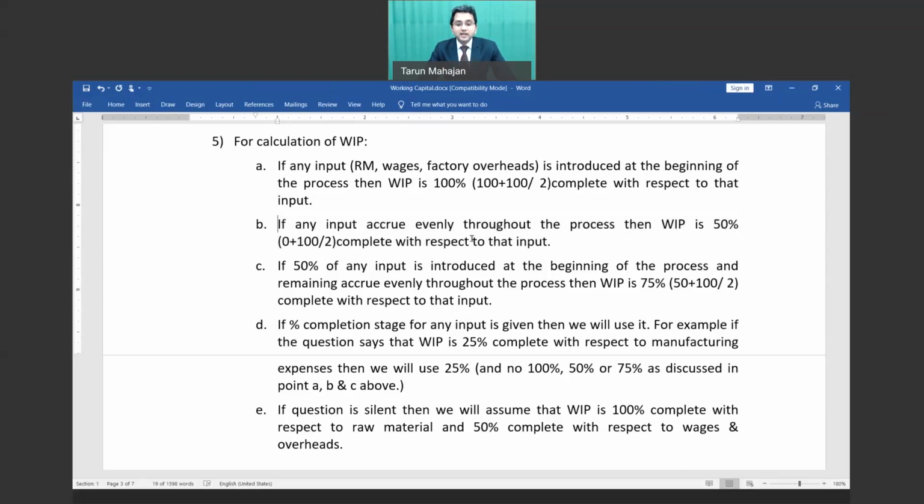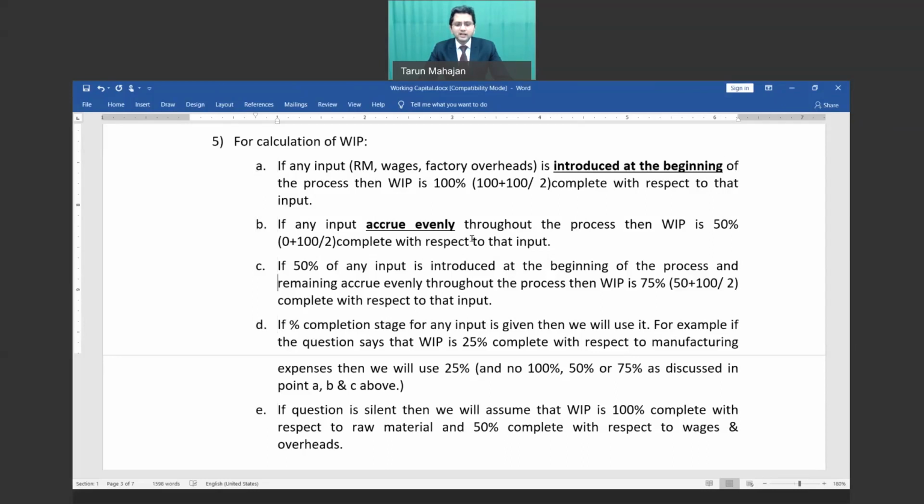If the question says any input accrues evenly, if this phrase is there, and if they say introduced at the beginning, it means it is 100% complete. If they say accrue evenly, it means that item is 50% complete in WIP.